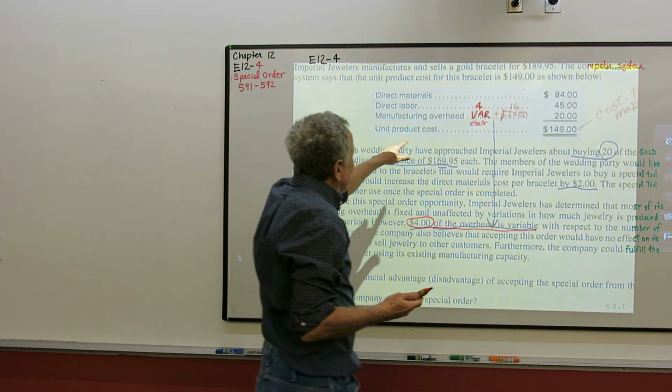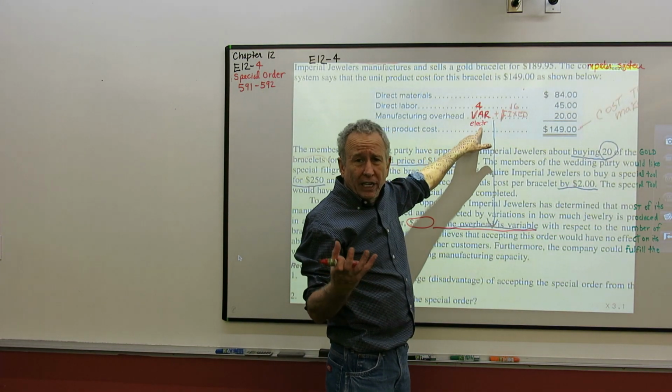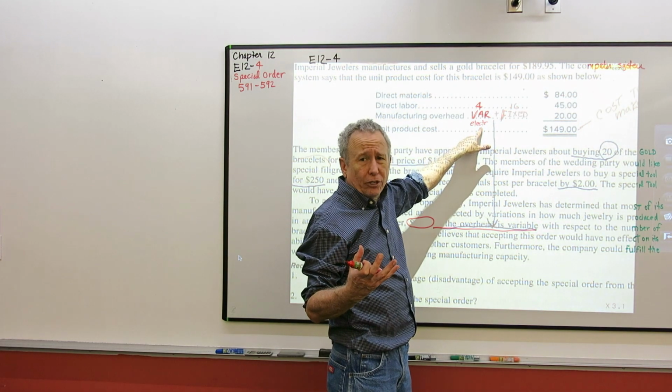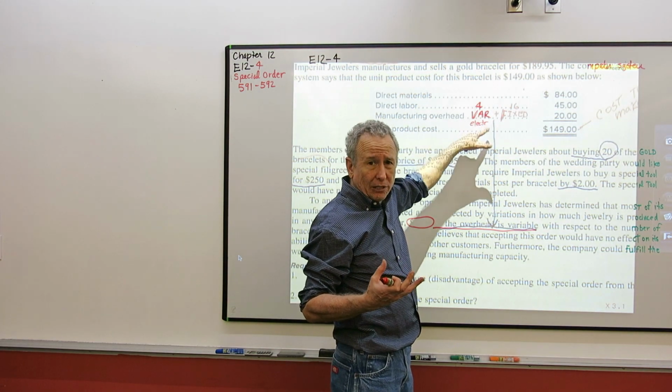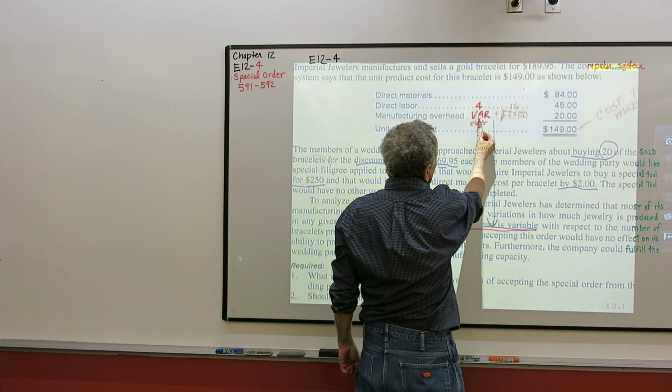So that's the electricity for those tools, but it's also going to need glue and adhesives and chemical cleaners to clean up those metals before they give you the diamond bracelet. So that's all what's in that $4.